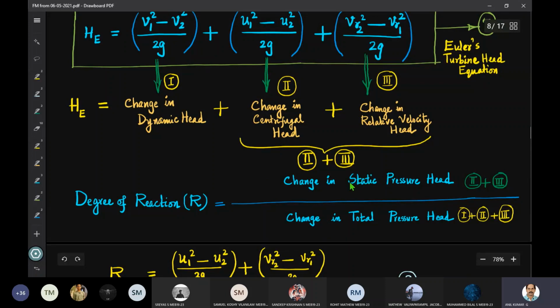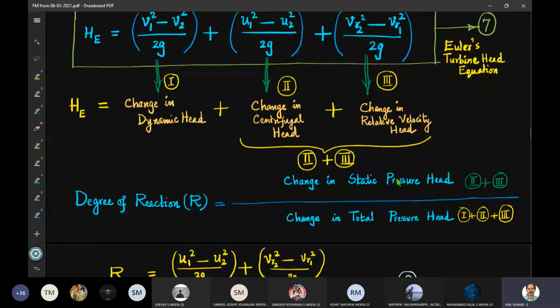So in the case of power producing devices, the change in static pressure head represents the conversion of pressure head to kinetic head. And in the case of power consuming devices, the change in static pressure head represents the conversion of kinetic head into pressure head.